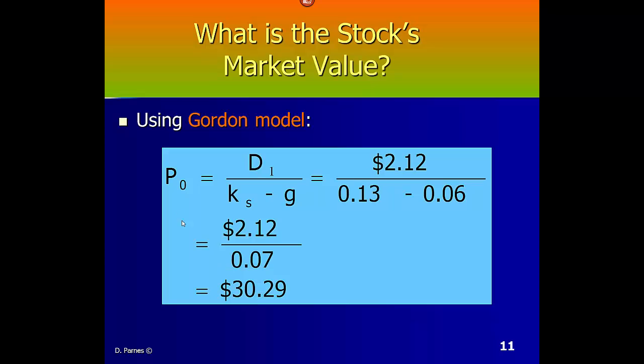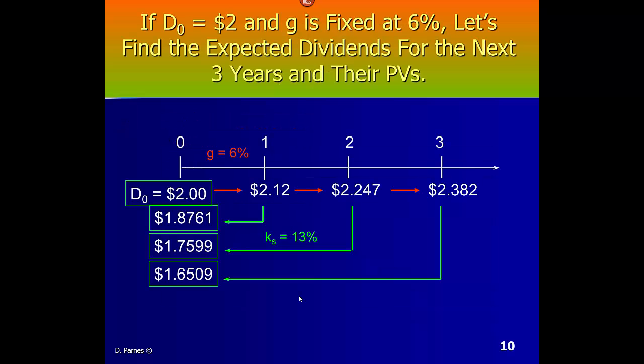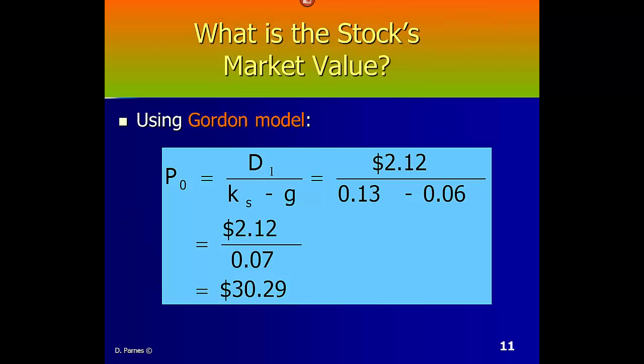Do the numbers and you will see that the price of the stock right now is $30.29. In other words, in this slide, what you saw is just a snapshot, just a zoom in into the first 3 years. But if you keep on adding those numbers all along the years, all the way into the future, never stops, it's a going concern, this will be the present value. Price is equal to $30.29.